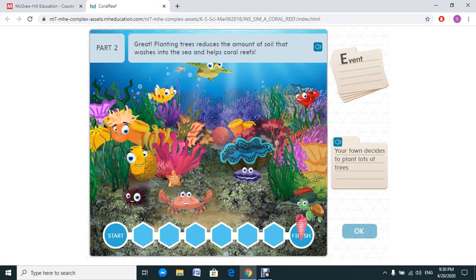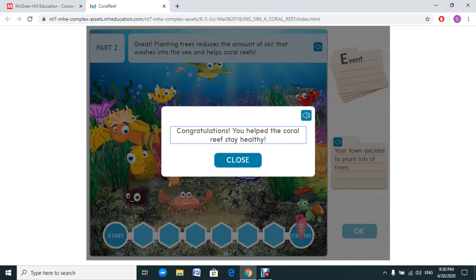Let's know. Great. Yes, so if we grow a lot of plants, this will help us to keep the environment clean, keep it healthy, and this will help the coral reef. Congratulations.